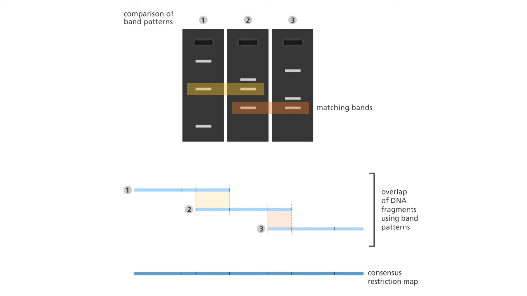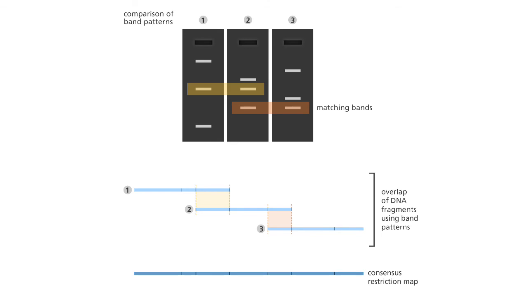Here, suppose that numbers 1, 2, and 3 refer to the inserted genomic fragments in 3 different BACs. In this hypothetical case, you got lucky and inserts 1, 2, and 3 are overlapping. If you use the same set of restriction enzymes to make cuts along fragments 1, 2, and 3, then looking at fragments 1 and 2, because they overlap, the restriction enzymes will make the same cuts along that overlapping fragment.